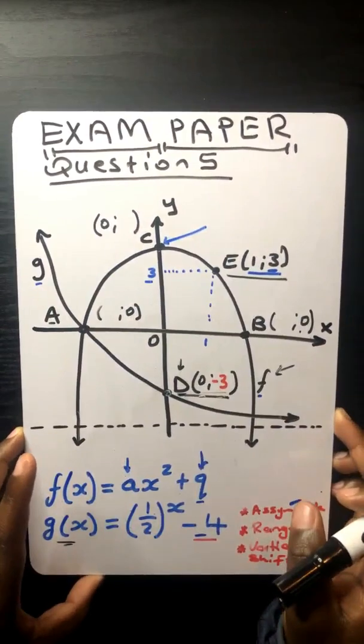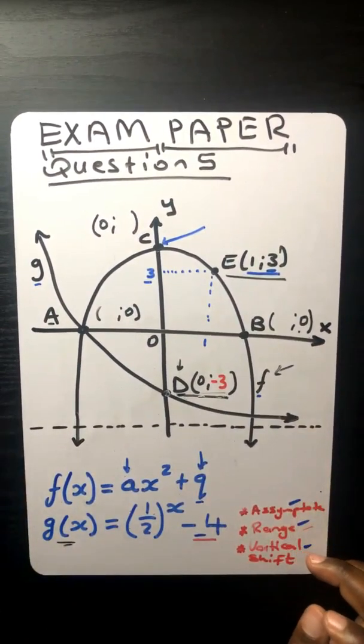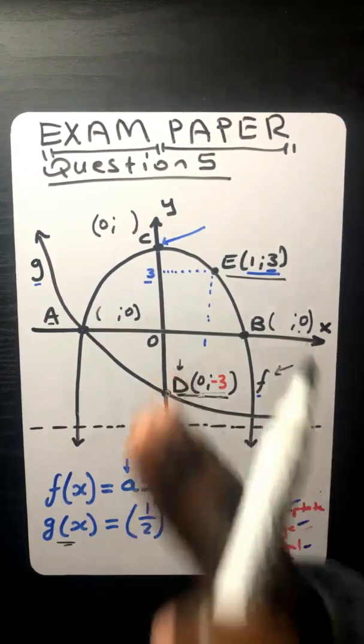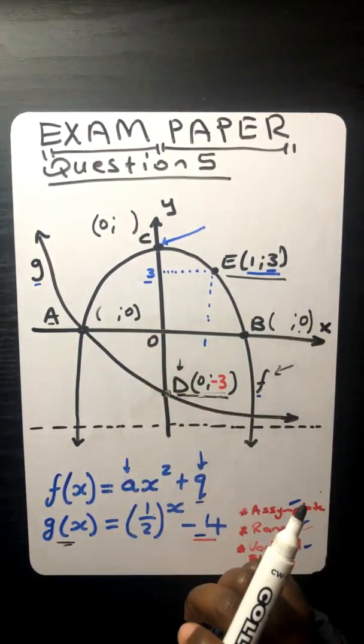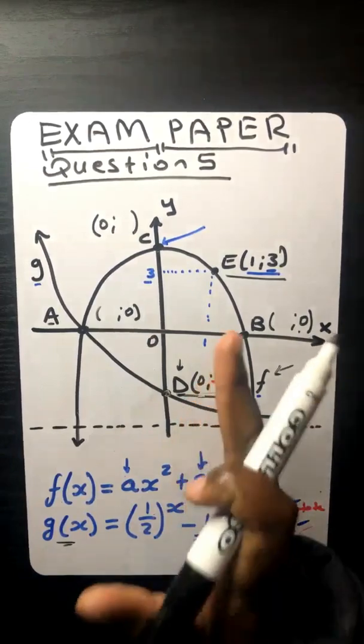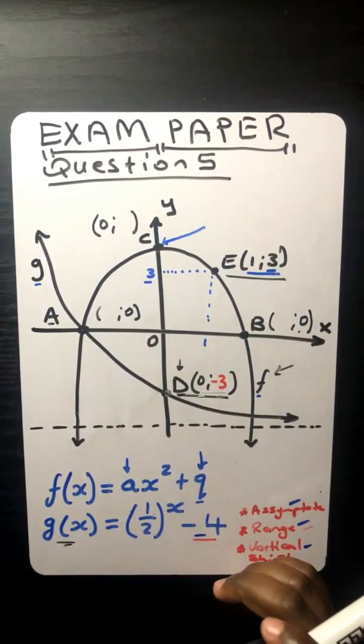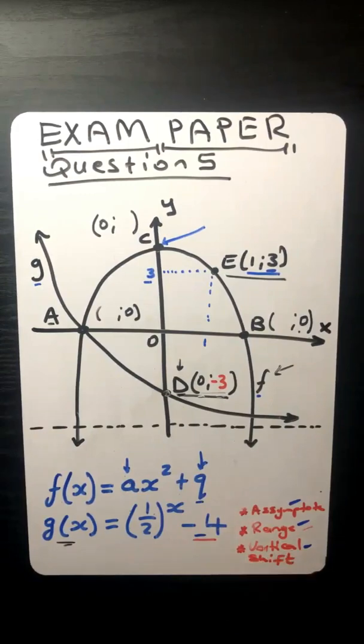The first thing, guys, when they talk about the range, you must give a Y value. When they talk about the domain, you give the X value. Very, very important, ladies. So just make sure that you understand the question.